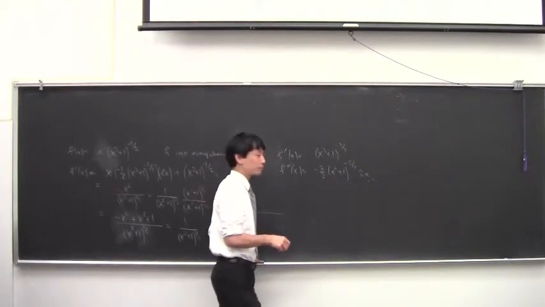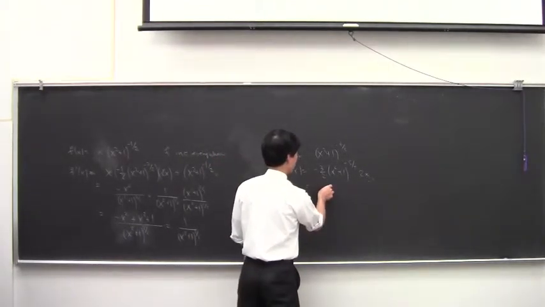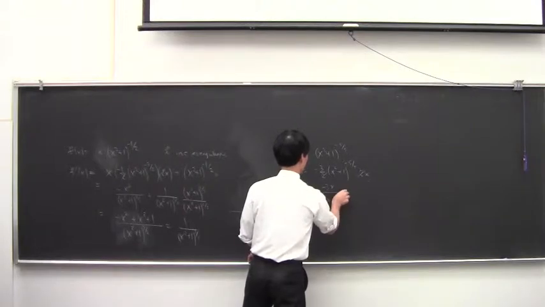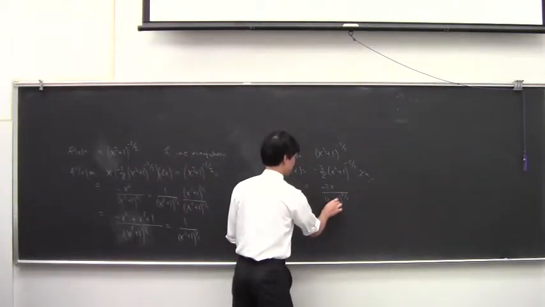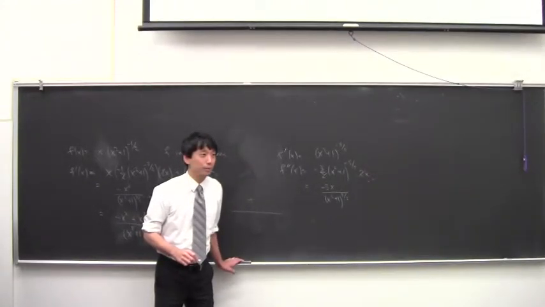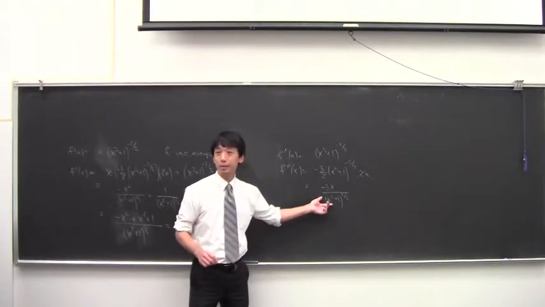Right. Okay. So what do you say about that? Well, that gives you negative 3x over x squared plus 1 to the 5 halves. Again, this thing on the bottom is always going to be positive, right?